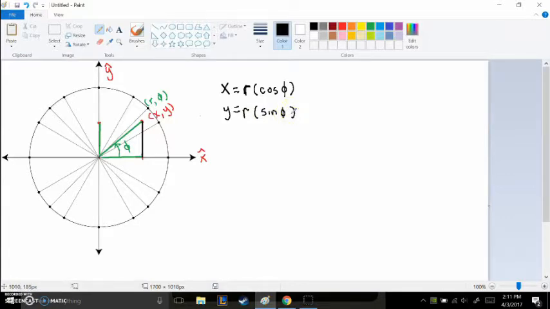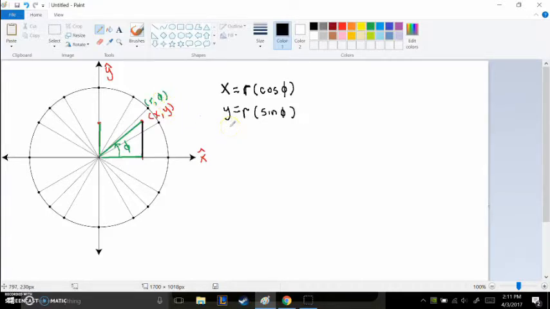So now that we have x and y in terms of r and phi, the red, which we started with and wanted to translate to green, we're going to have to find the rate of change of this with respect to this, and the rate of change of this with respect to this, and then come back to x and take the derivative with respect to phi, and then come back to y and take the derivative also with respect to phi.